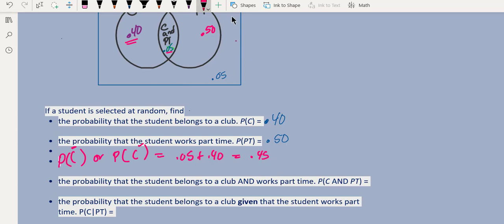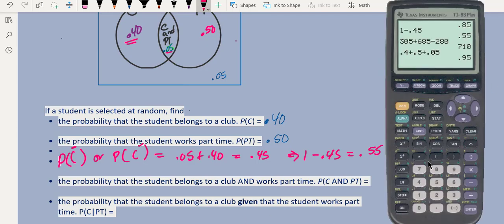And then from this whole general thing of a complement, what's left over in the set? What's left over should be 1 minus 0.45, which should give us 0.55, if I'm not mistaken. I may be wrong, let's double check. 1 minus 0.45 gives me 0.55.